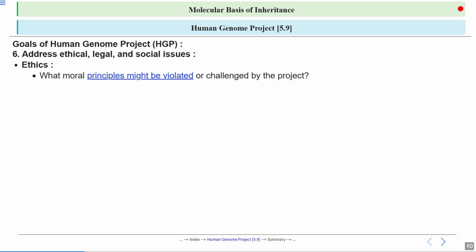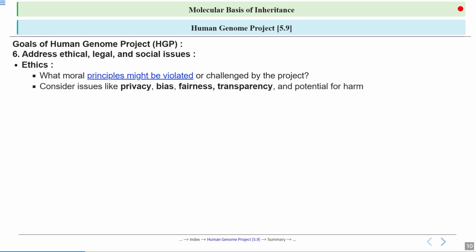When they are planning this project, they have to keep in mind: are we going to violate any moral principle? Is this project challenging any moral principle? They have to consider issues like privacy, bias, fairness, transparency and potential for harm, because every coin has two faces.